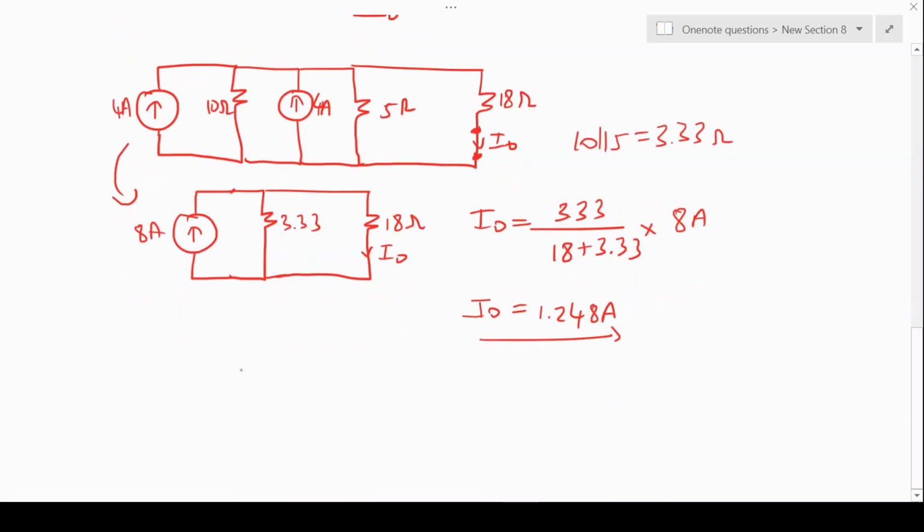Alright, then we need to determine tau, which is L over R. L equivalent we know is equal to 20 henries. What about RTH? So if we look at this circuit, which simplifies to this circuit, we can now determine RTH.